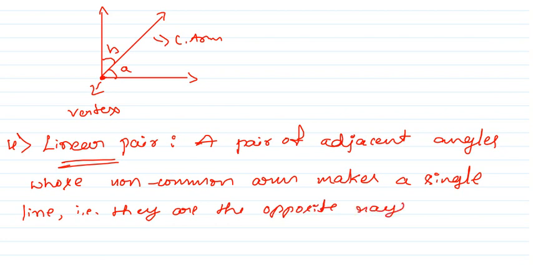A pair of adjacent angles whose non-common arm makes a single line.